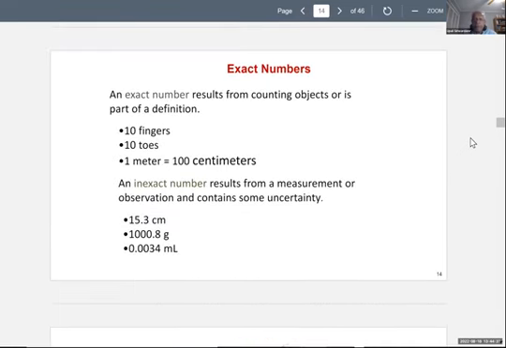Now I have to tell you about certain numbers which don't have significant figures. They're exact numbers. For example, if a number comes out of a definition, 1 dozen is equal to 12. 1 dozen is equal to 12 eggs.